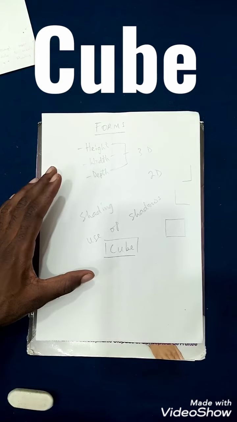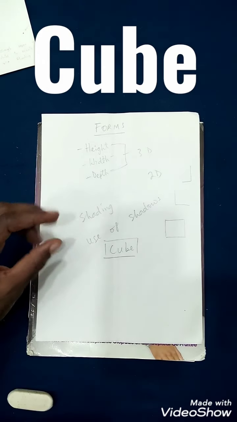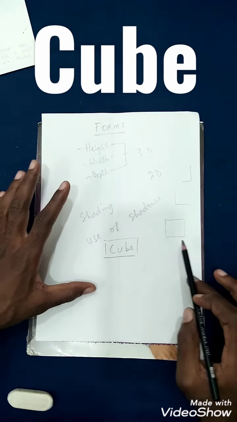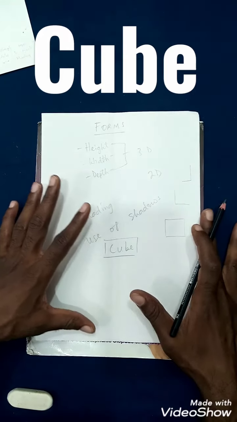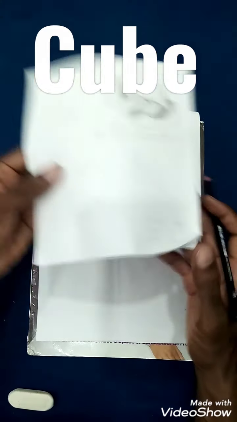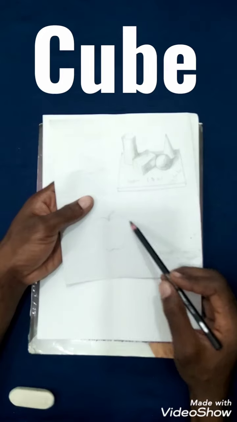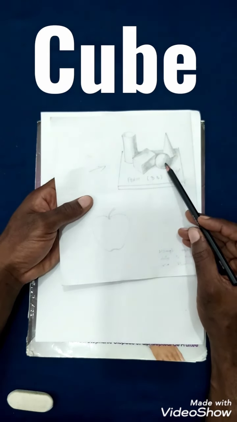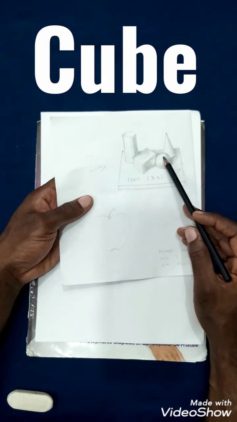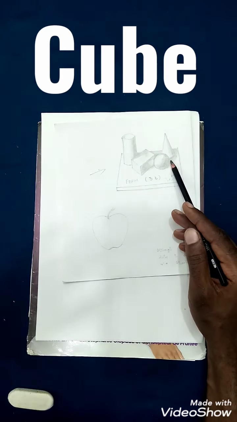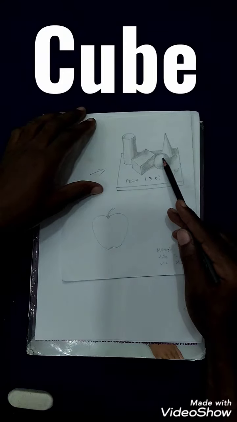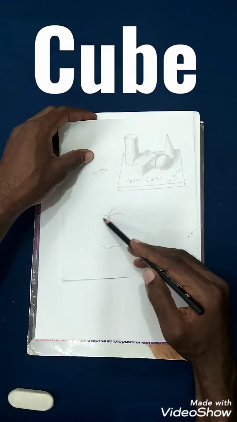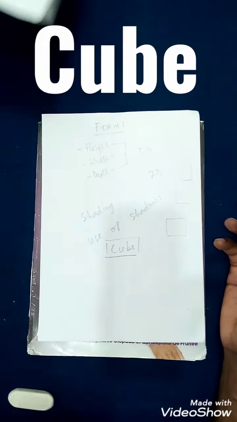As a fashion illustrator, when you are drawing, it's always good to draw the form of the object first before adding details later on. Like when you see here, this is an apple, but this apple is just a variation of the sphere. The idea of the apple is from the sphere. So when you can get the form, which is the sphere, then you can draw spherical shapes like the apple.